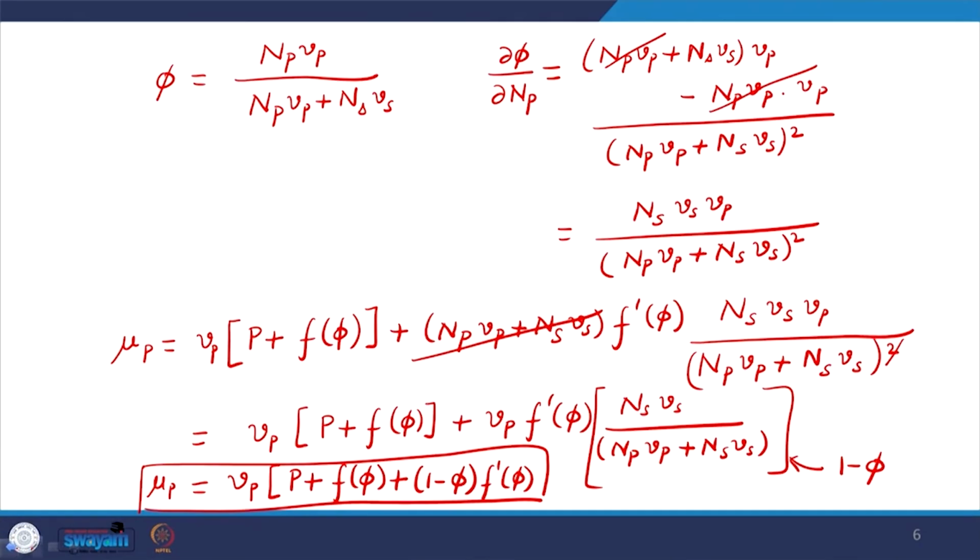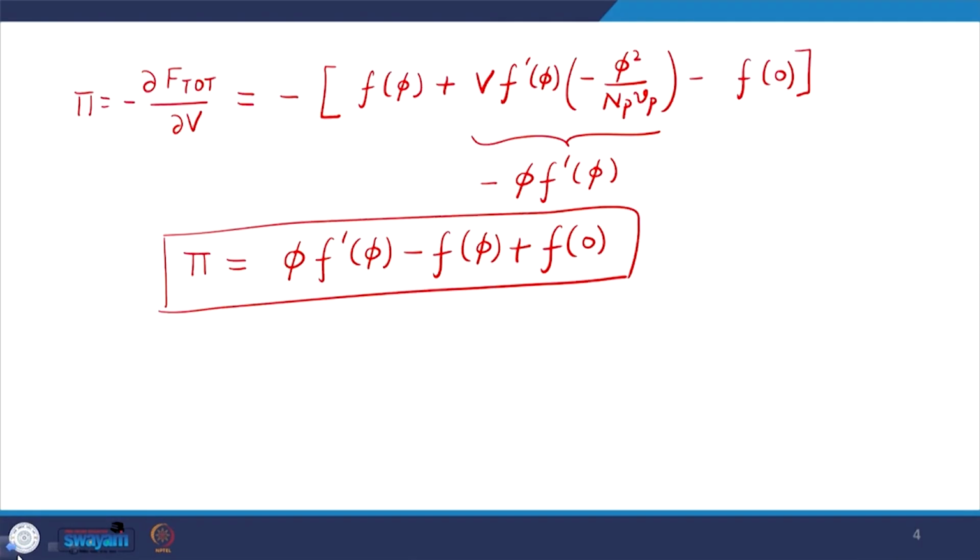If one of them tells me that mixing will happen, we should be confident that mixing is going to happen. Although I have derived the expression of the osmotic pressure and the chemical potential in terms of f of phi, it is not necessary that I first calculate f of phi and then calculate pi. It can be the other way around.